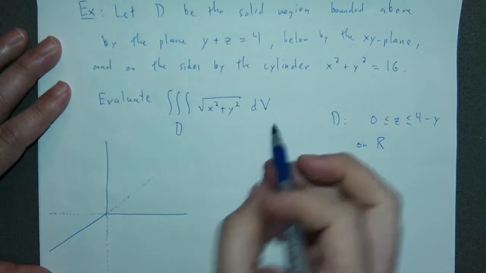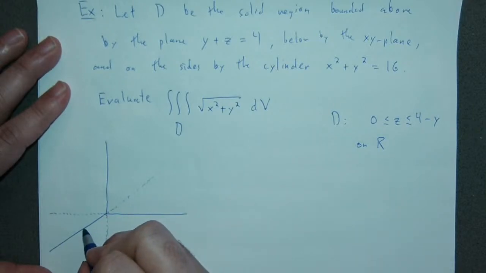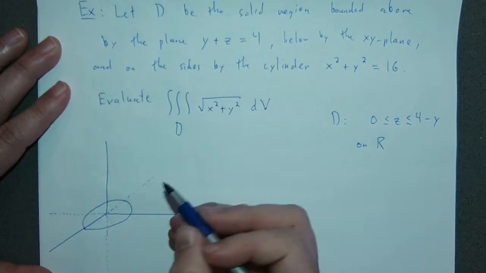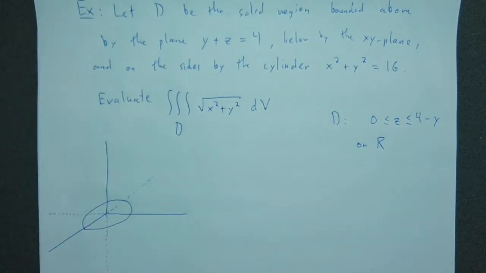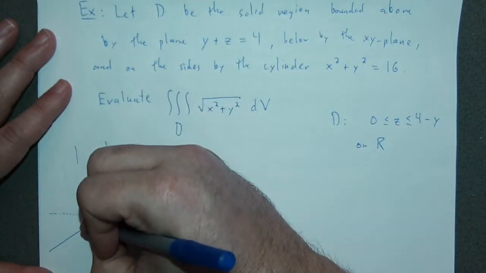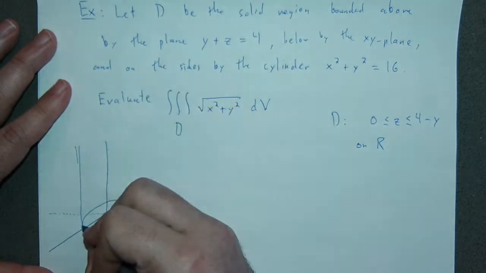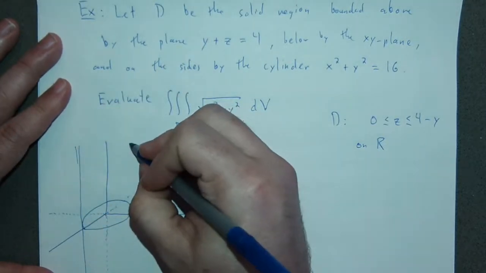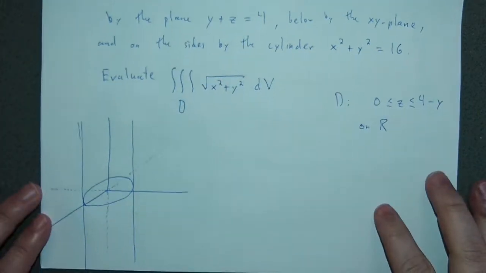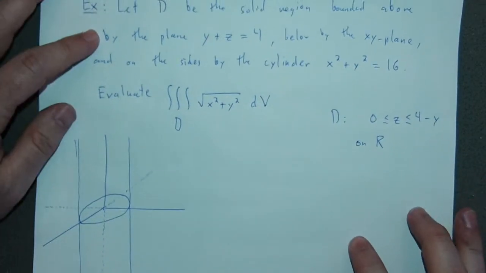Okay, so in the xy plane, this is the circle of radius 4 centered at the origin. So maybe that's an okay way of drawing it. But this entire cylinder is the infinite cylinder. It looks like this, it goes up and down the z-axis. So here's my cylinder. This is an infinite cylinder.